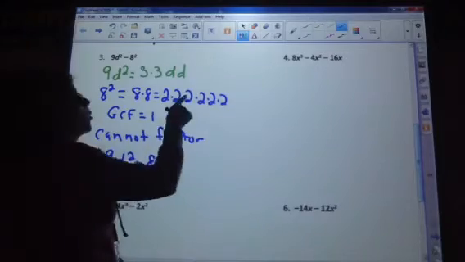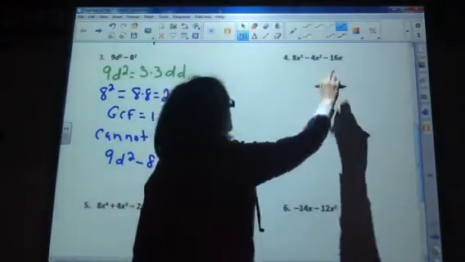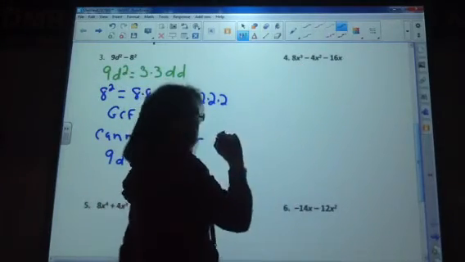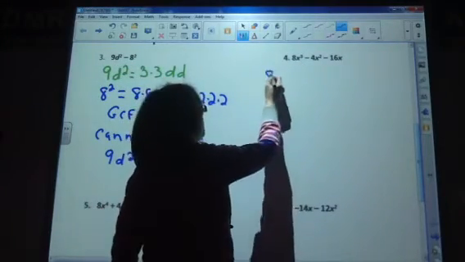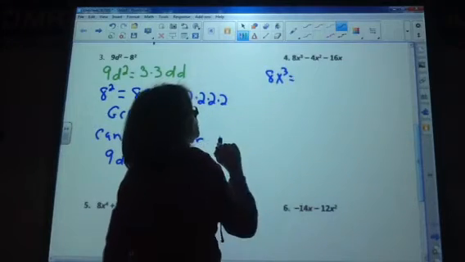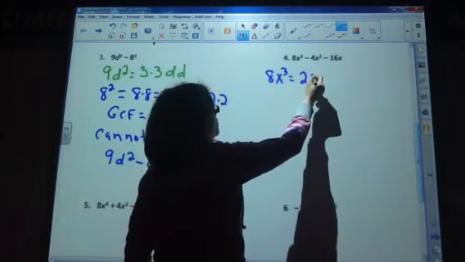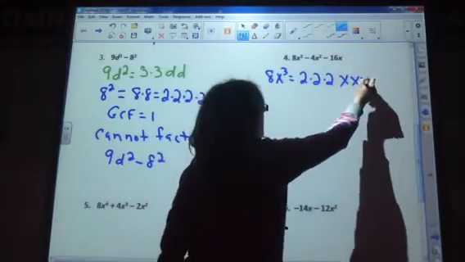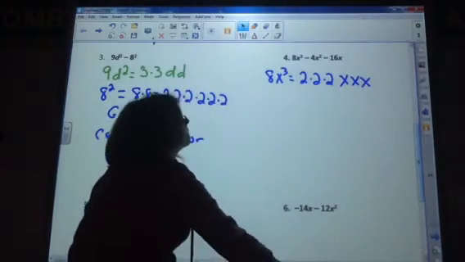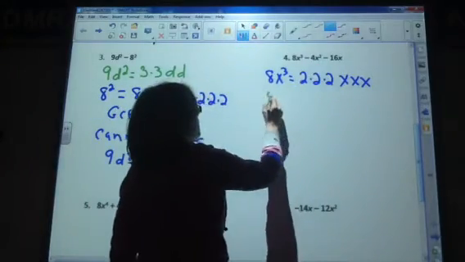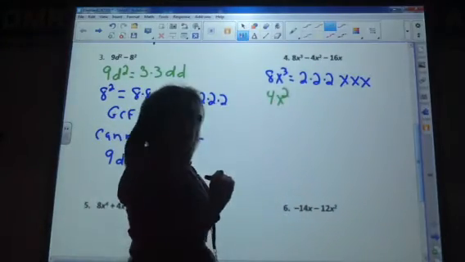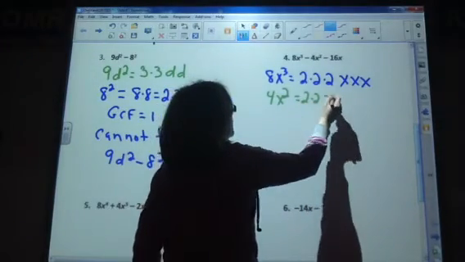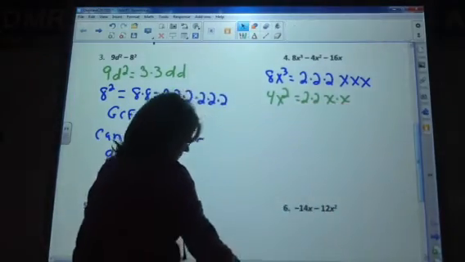All right, let's look at number 4 here. We have 3 terms. Okay, so we're going to factor out each one. Find the common factor of each one. So we have 8x cubed. Well, that's 2 times 2 times 2 for 8, and for x cubed, I have 3 x's. And then for my 4x squared, I have 2 times 2, x times x.